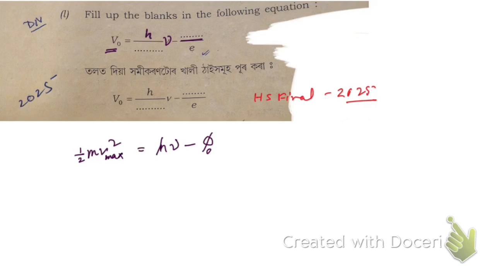We know that h nu is the energy of the incident photon and phi naught is the work function of the material. There is a material, suppose, and the energy of the incident photon is h nu.